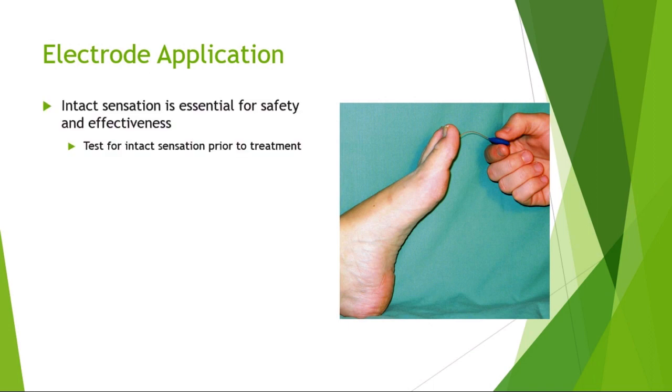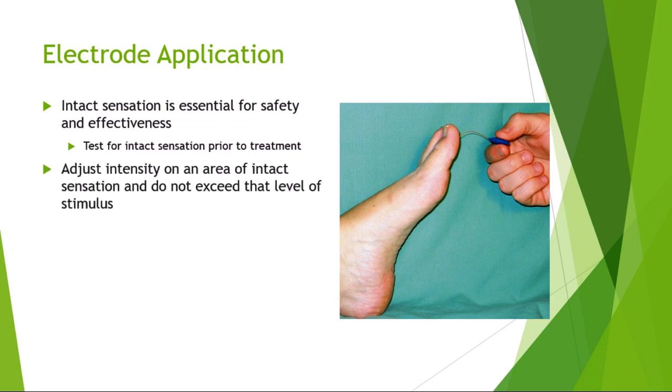You want to make sure that intact sensation is there because it's essential for safety and effectiveness. So you want to test for intact sensation prior to treatment. You want to adjust the intensity on an area of intact sensation, so you don't exceed the level of stimulus that area can tolerate.